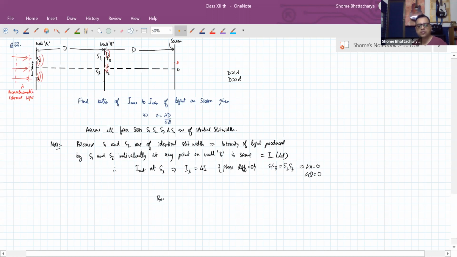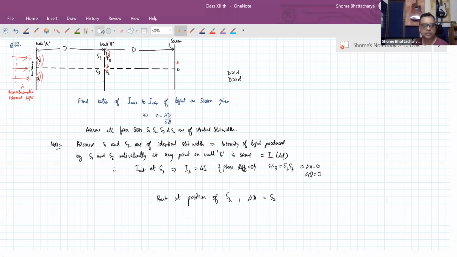But at the position of S4, what is happening? The path difference, which is S2, or in my diagram I've taken S1 as the one below. So S1S3 minus, rather S1S4 minus S2S4, how much will this path difference be?